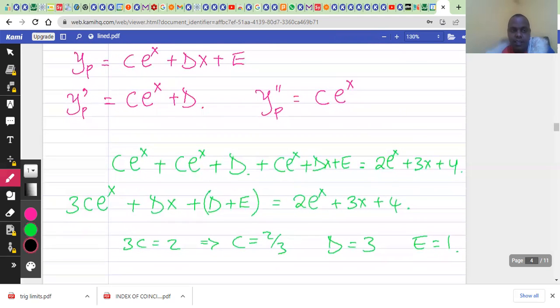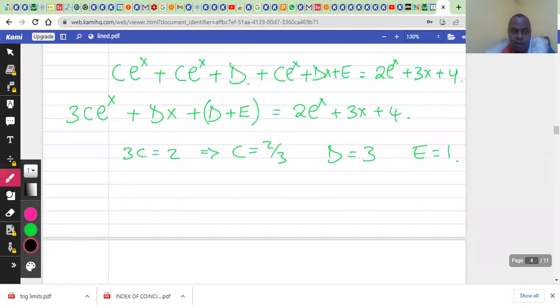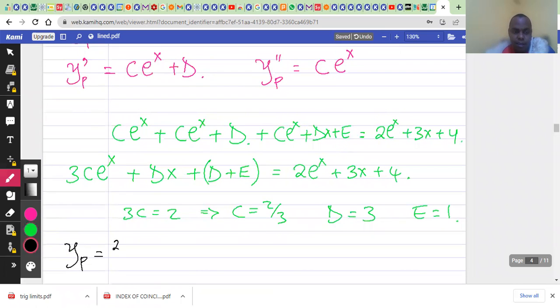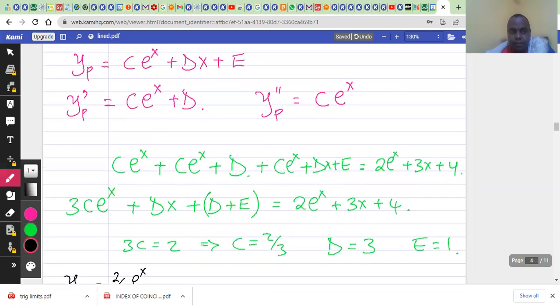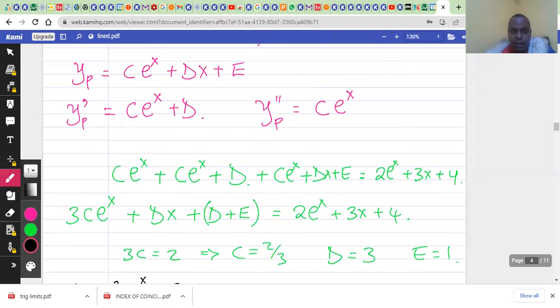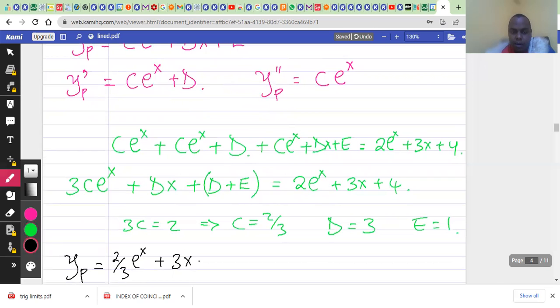So the particular solution, YP, is going to be, C is 2 thirds, so 2 thirds e^x plus 3x plus 1.